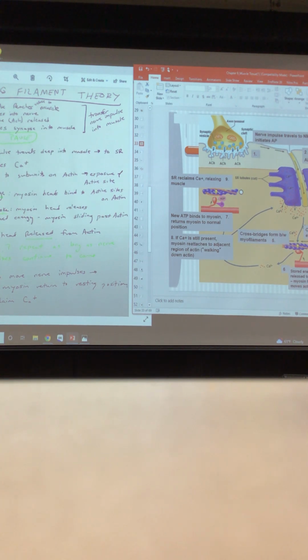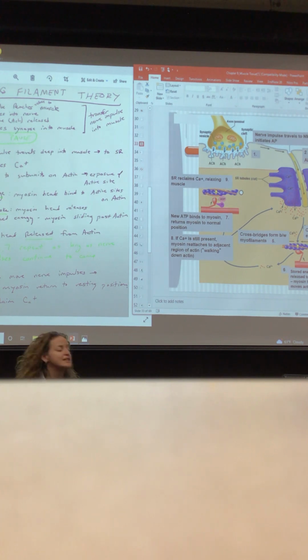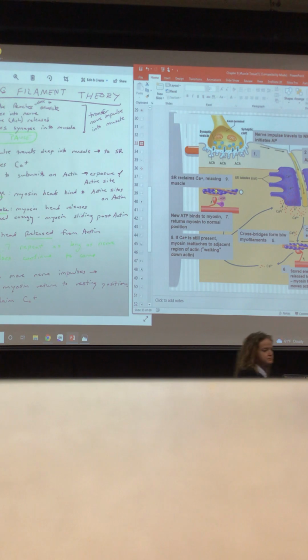Well, then what's going to happen? If we remember that the sarcoplasmic reticulum stores calcium, step 3: when the nerve impulse gets to the sarcoplasmic reticulum, it is triggered to release calcium.